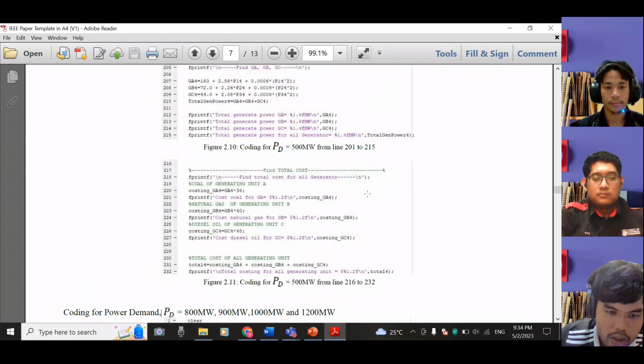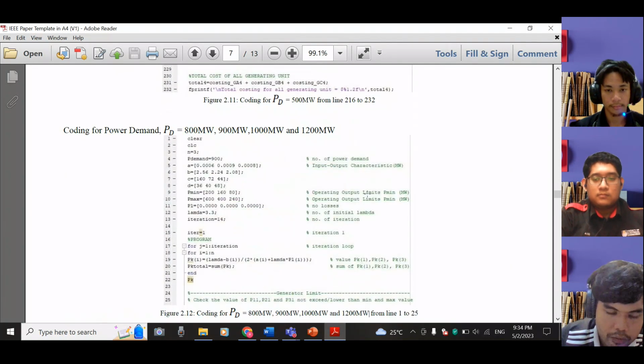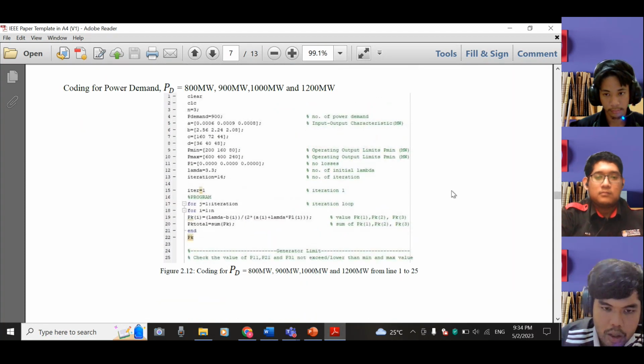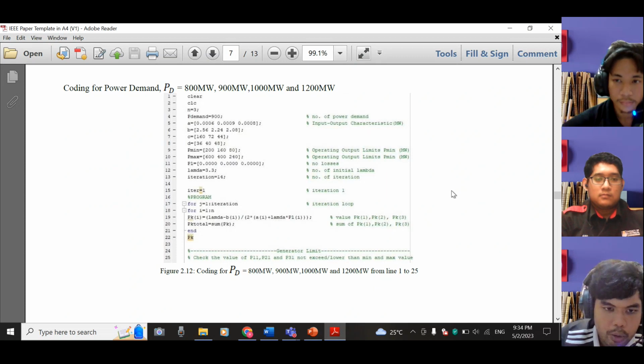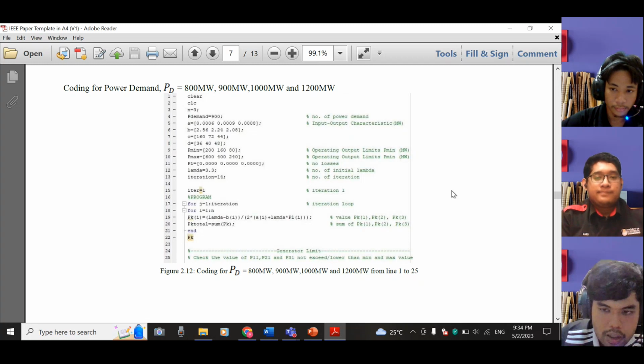The second coding is used for 800, 900, 1000, and 1200 megawatt power demand. This is the coding for the second method. We have used the power demand given in the question, and the A, B, and C that we get from the input output characteristic, Pmin and Pmax.